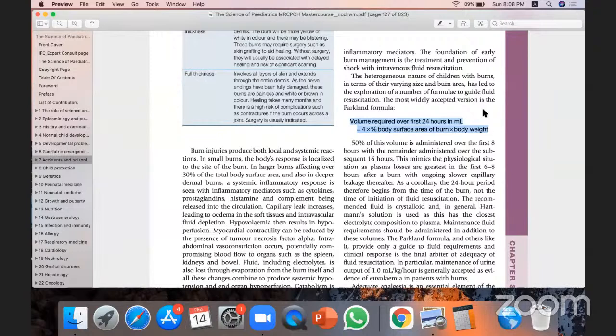And we do not deduct the shock fluid from the Parkland fluid. I mean, suppose you gave 40 ml per kg of shock correction fluid, you cannot subtract it from this Parkland 24-hour formula. So remember that this 24-hour fluid you will give in extra as maintenance.